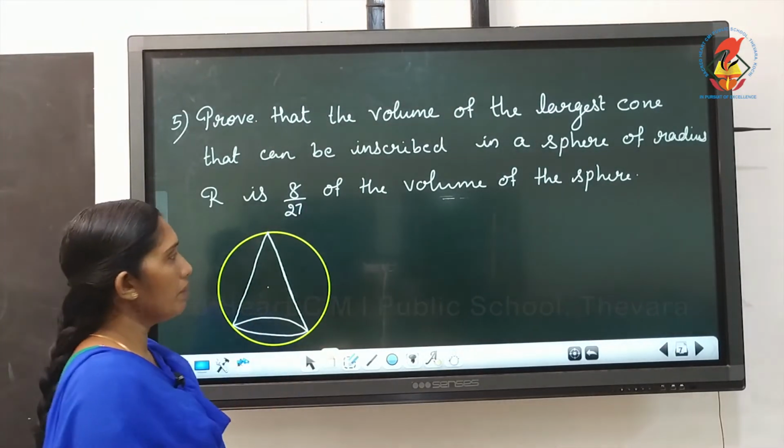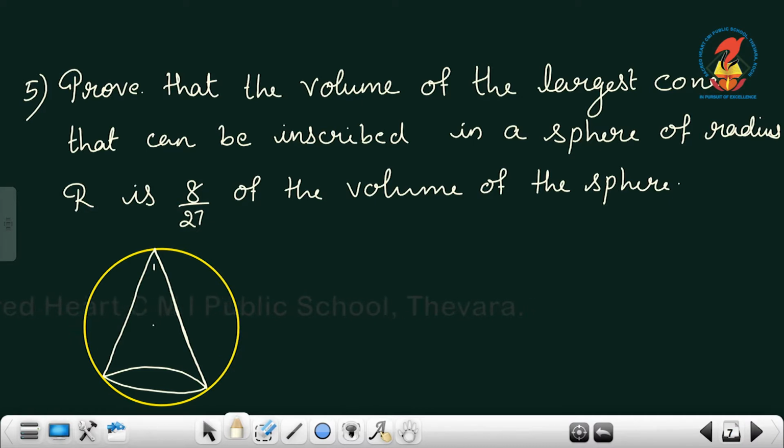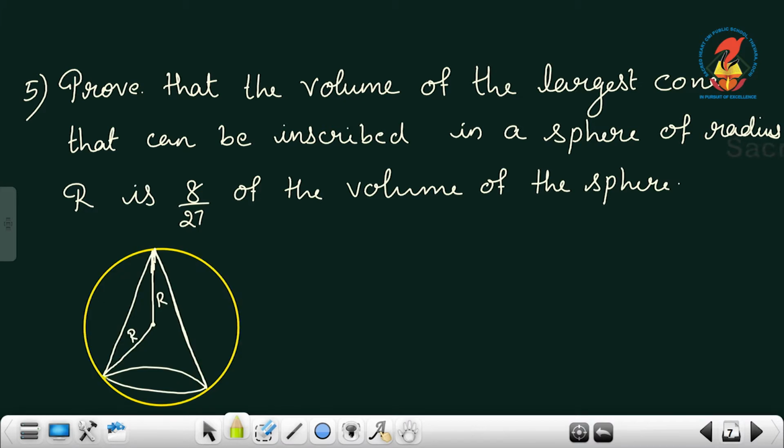That sphere is given means R is a constant. So radius R we can mark here. This is R. Also from this point to this point, that is also capital R. Okay. Then this is the radius of the cone.